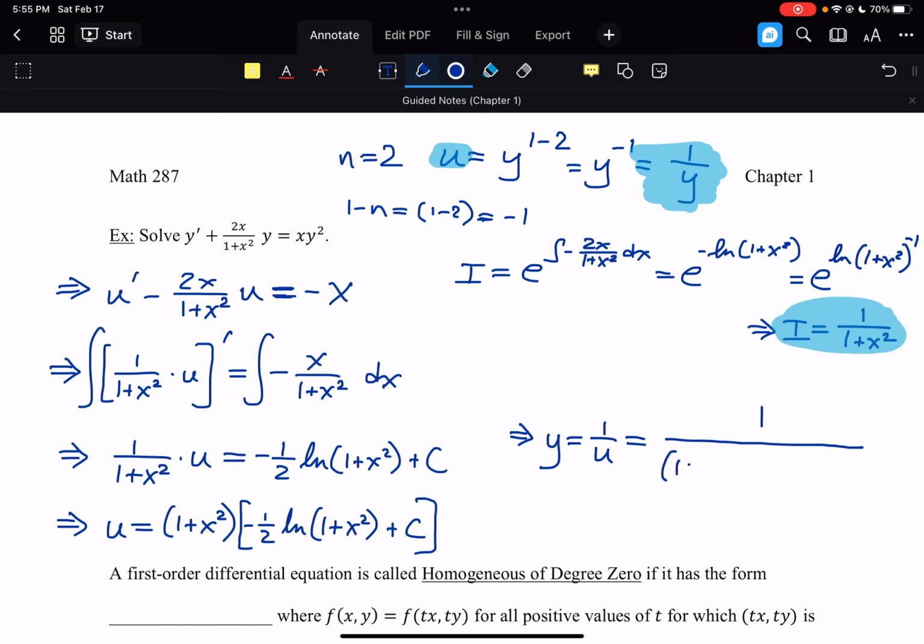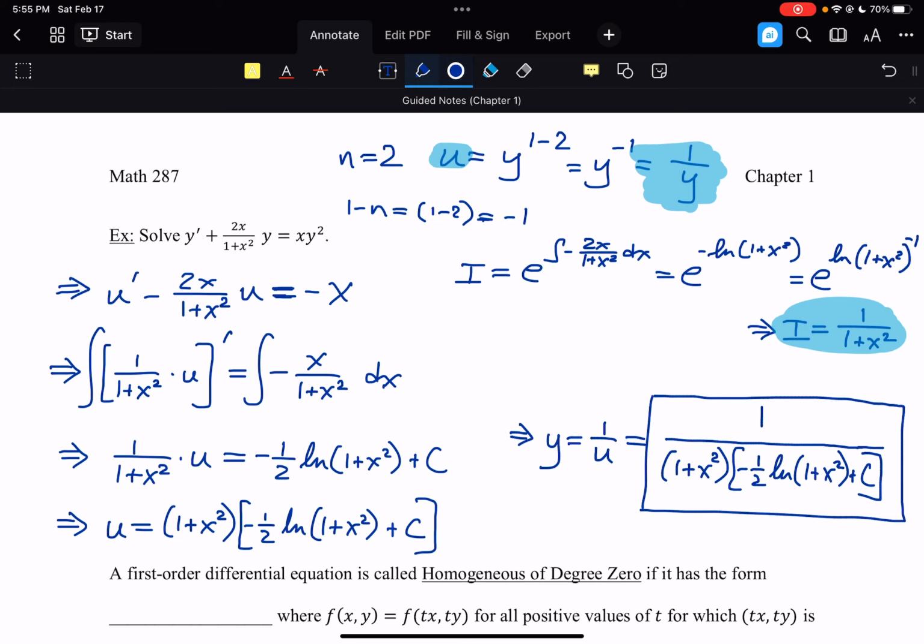So 1 over 1 plus x squared times negative 1/2 ln of 1 plus x squared plus c. And that is our general solution to this Bernoulli differential equation, solved using a change of variables and a first-order linear differential equation.